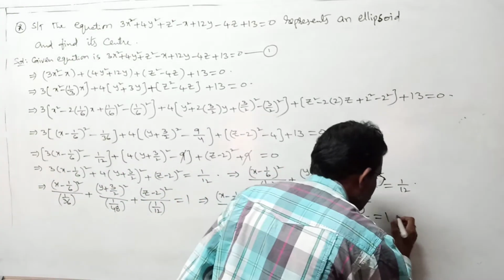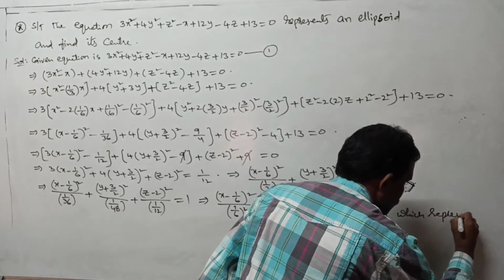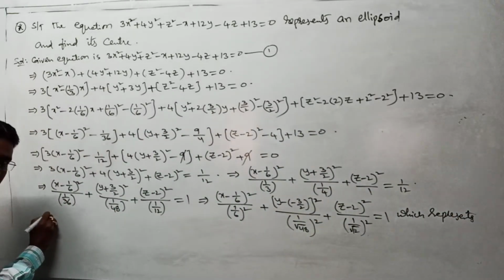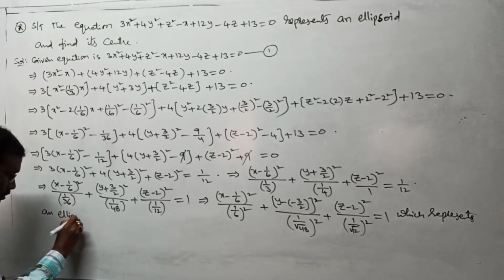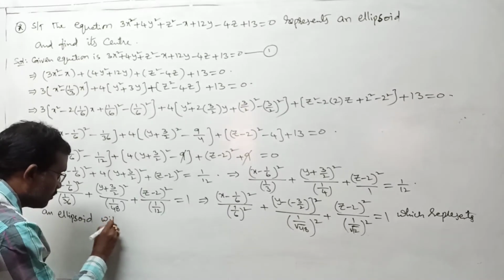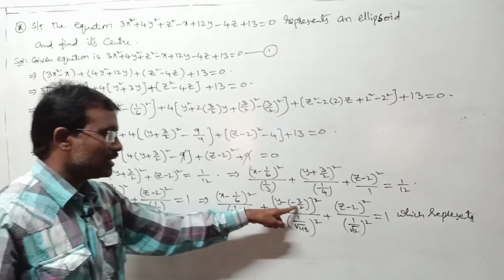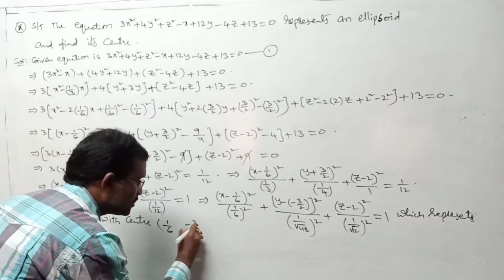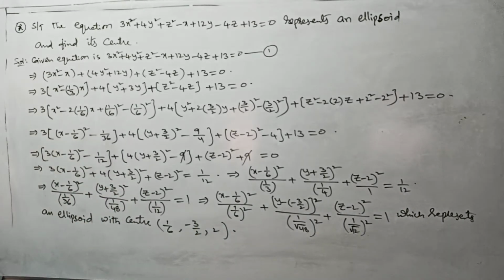Which represents an ellipsoid with center. Can you decide what the center is here? This is 1 by 6, minus 3 by 2, 2. This becomes the center of the ellipsoid.